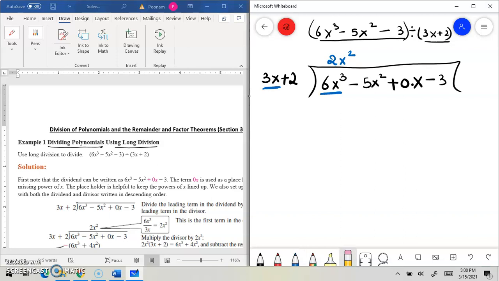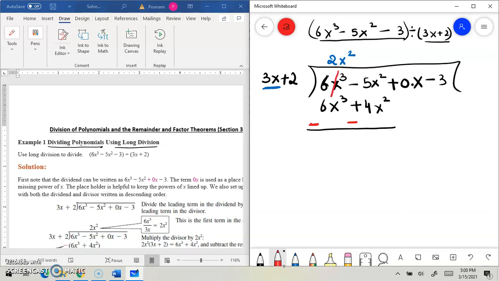So you will get 6x cube, and 2x square times 2 would be 4x square. Now you have to subtract polynomials. When we subtract polynomials, you have to change the signs of the bottom polynomial. This is positive, make it negative. This is positive, make it negative.